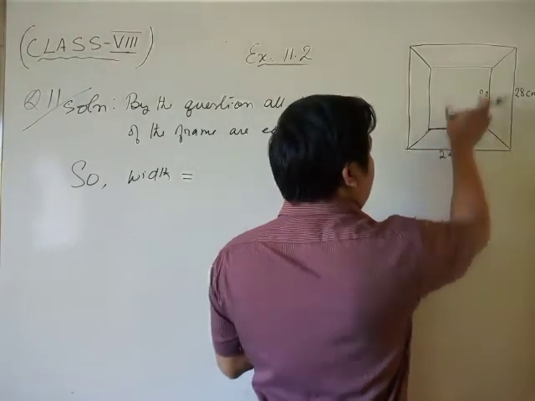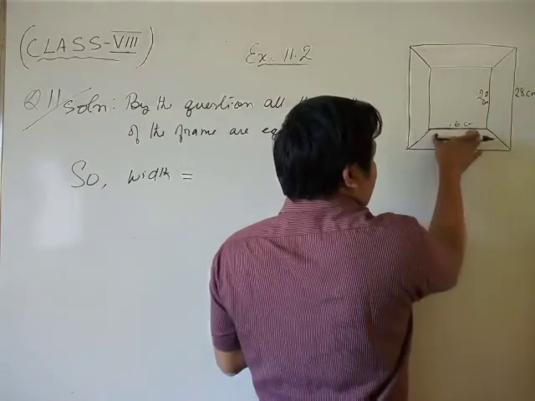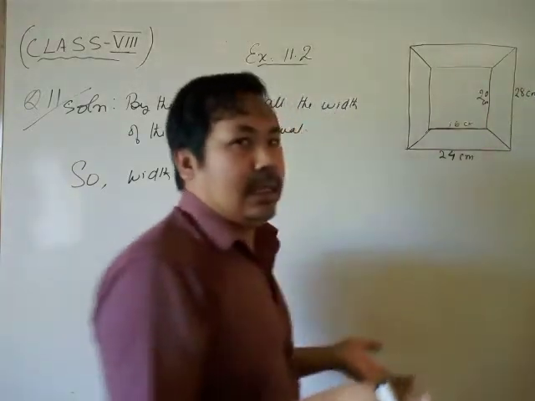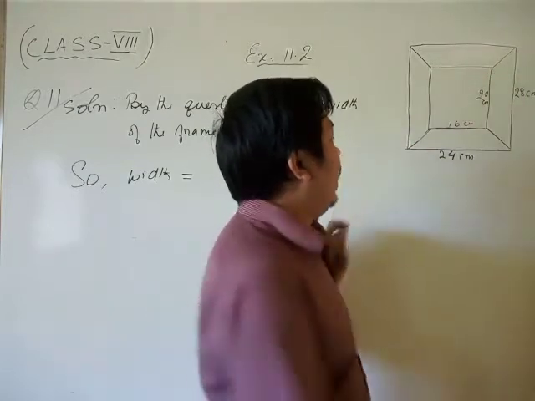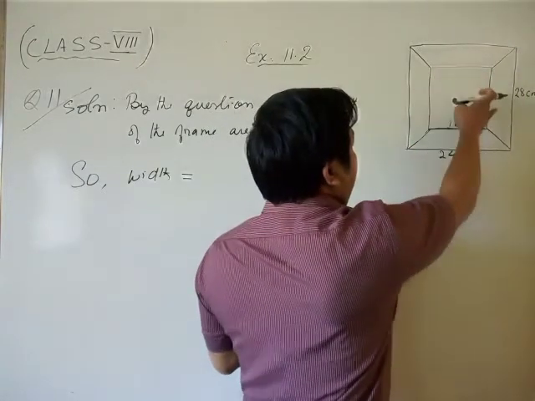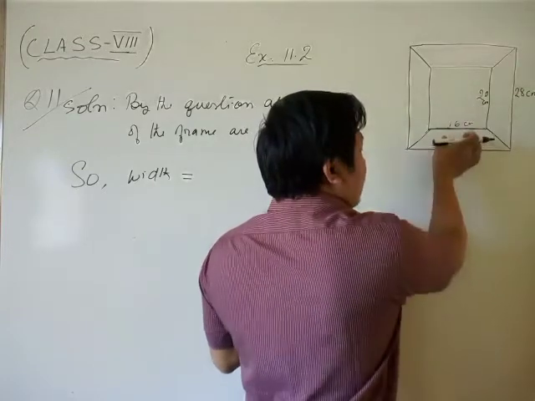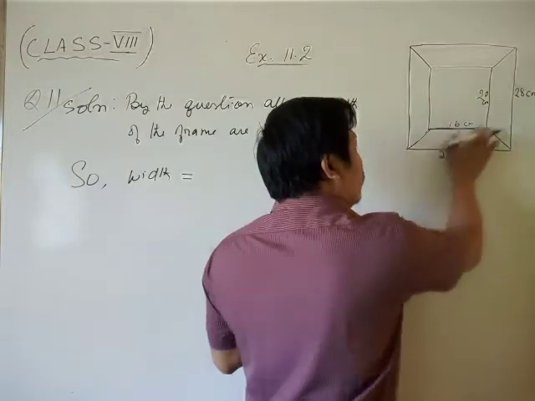So this section and this section will be the same. This section and this section will be the same. So we need to find out the section here and section here. These two sections. So the other section will be equal to this one, as this side is equal to this side. So we need to find these two sections out.